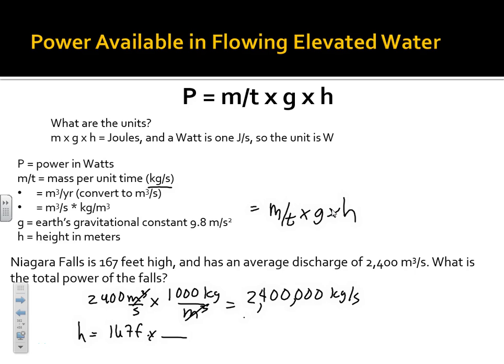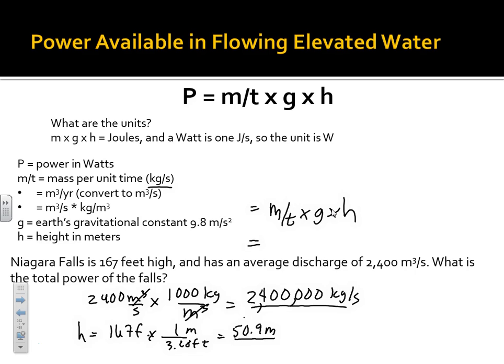If you look up the conversion factor, there are about 3.28 feet in 1 meter. So we do that conversion and we get 50.9 meters. There's our height, and there's our discharge. Now we're just going to plug this in. We have our equation from here.